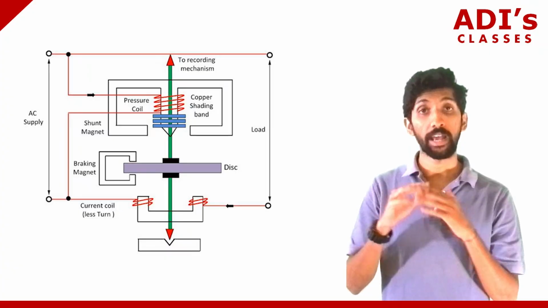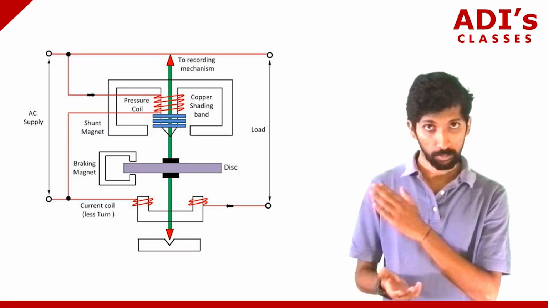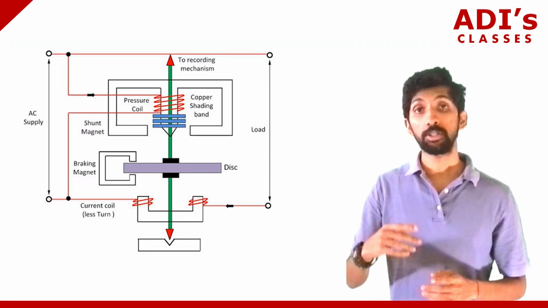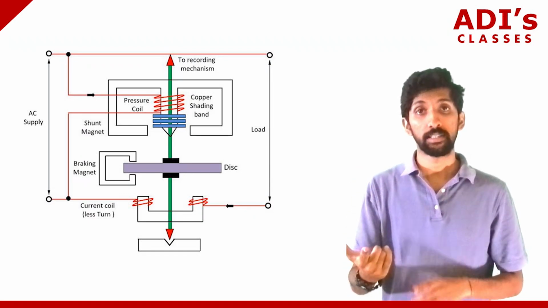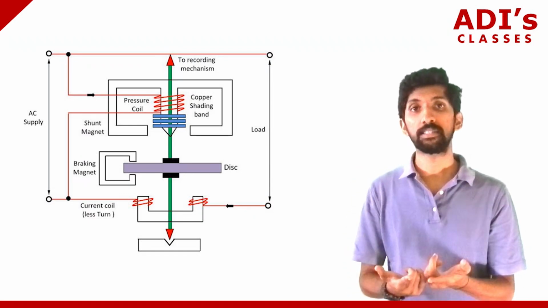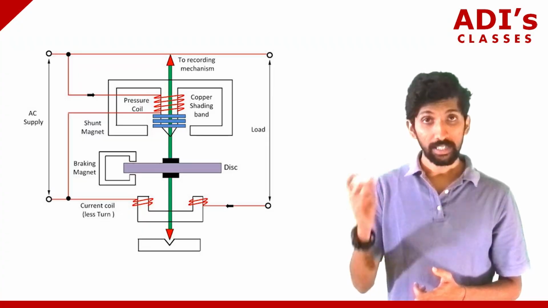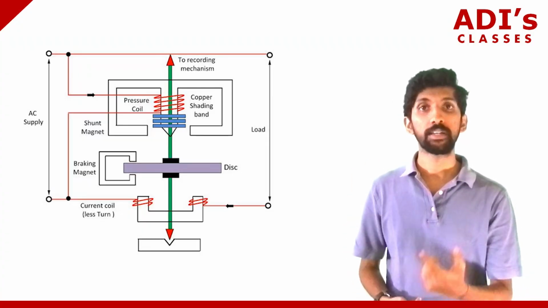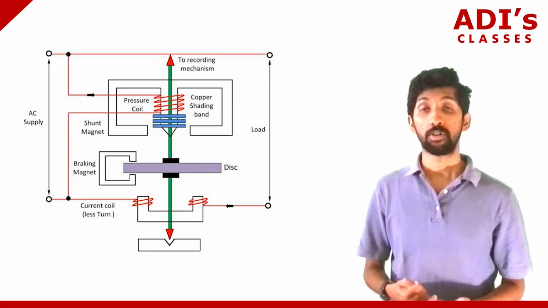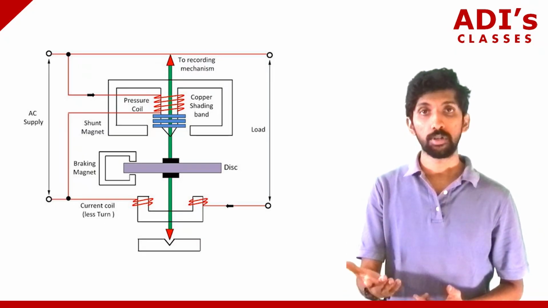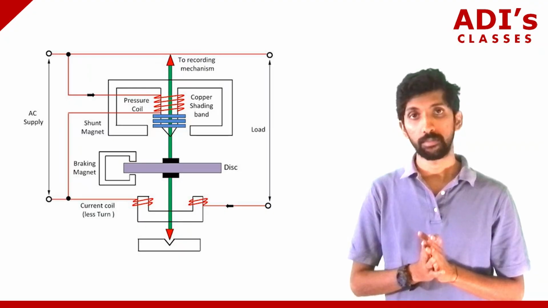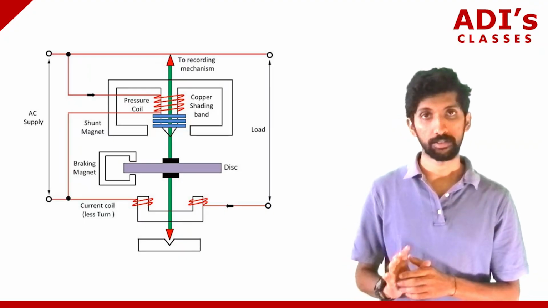You have to give energy to move it, and how much energy you give depends on how much eddy current is produced. The meter measures this and gives it as an output. If more eddy current is produced, more energy you have to give to move the metallic piece. So these are what we call energy meters.